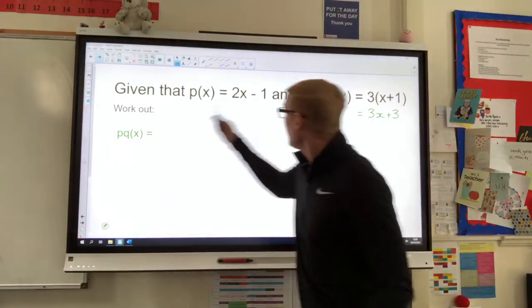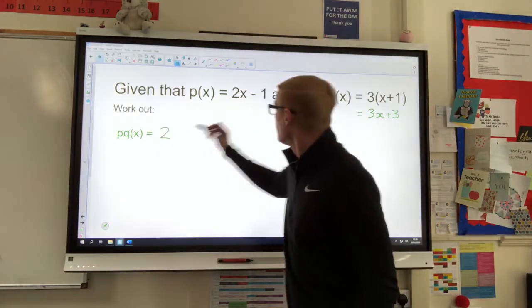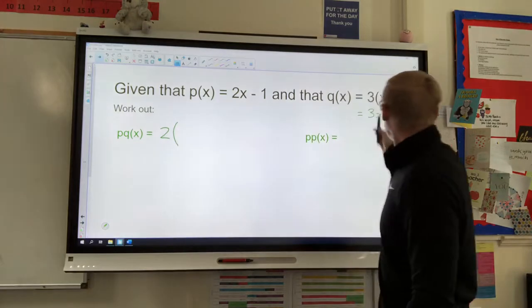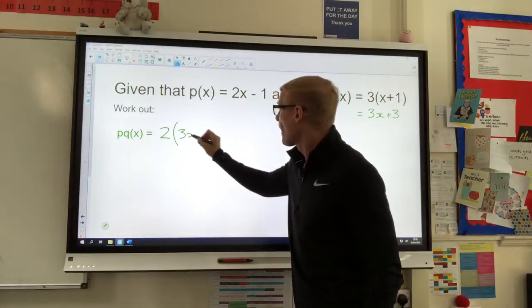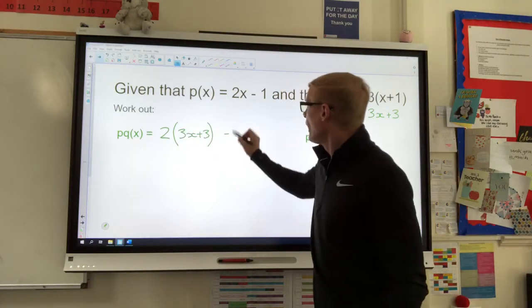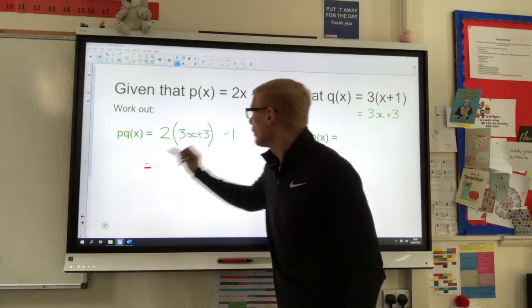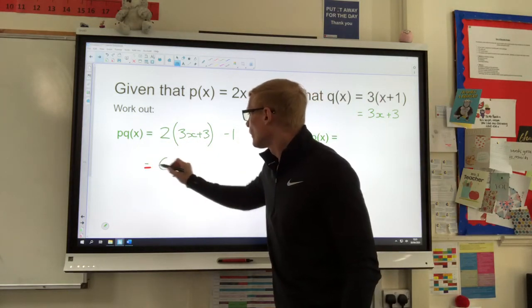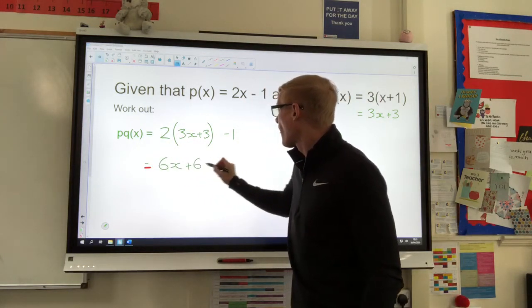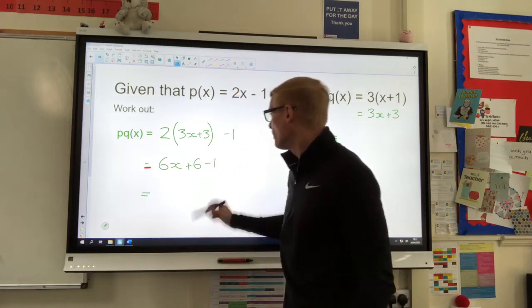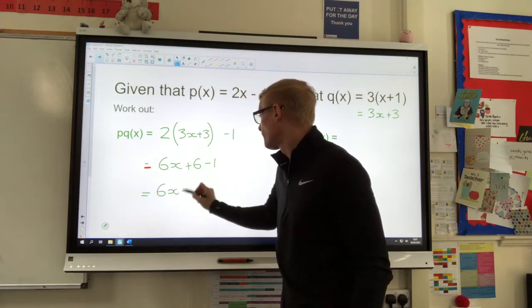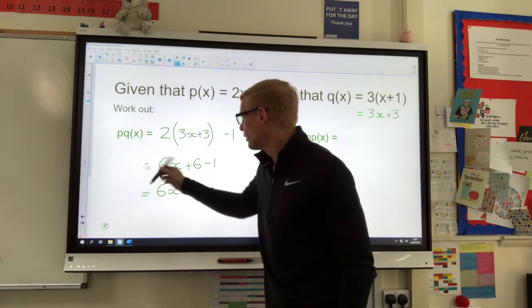So q into p. So p is this, 3x plus 3, and then take away 1. So expanding that bracket, and then simplifying that will give you that.